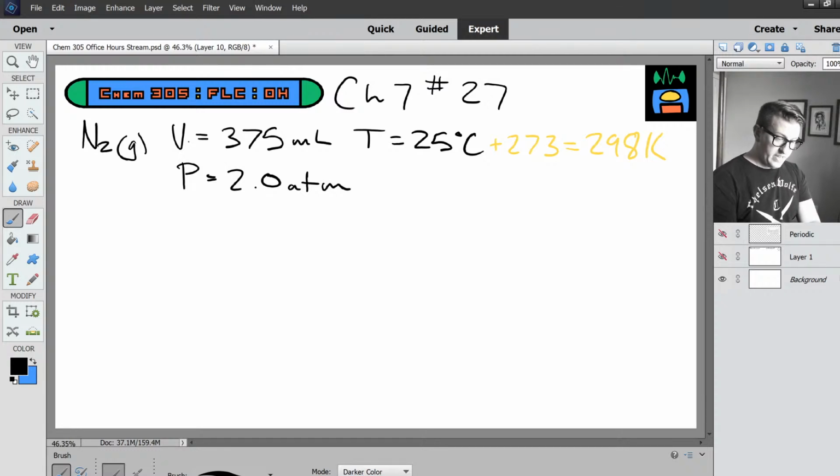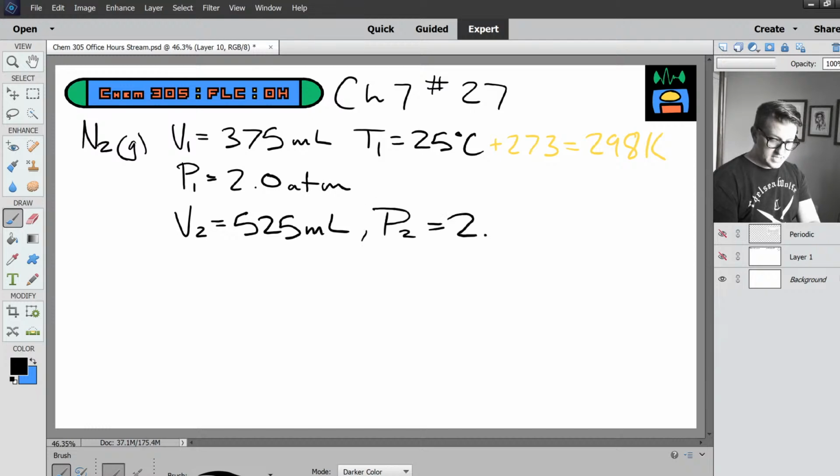This is V1, T1, and P1. We're given our V2 is equal to 525 milliliters. We are told that our P2 is the same as P1, and then we're asked to find T2 in degrees Celsius.